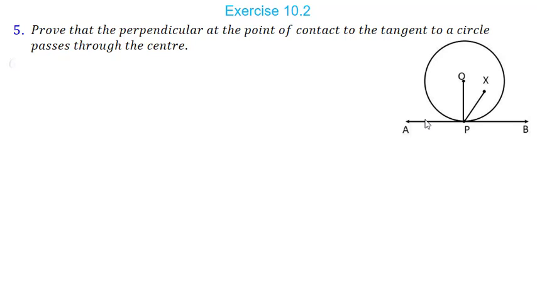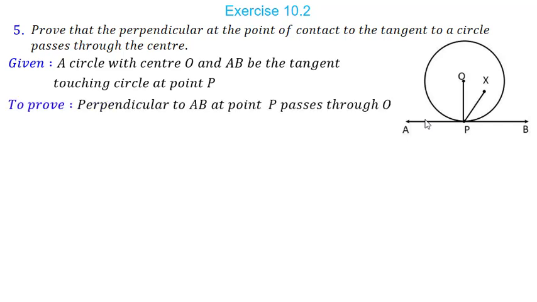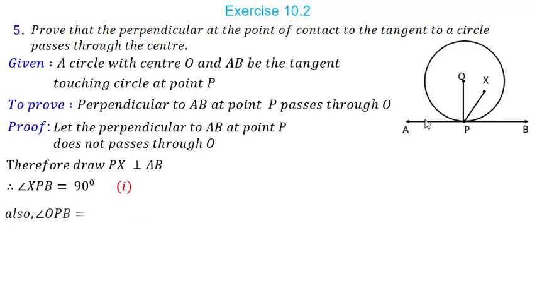So let us start. Given is a circle with center O and AB as a tangent touching the circle at point P. We have to prove that the perpendicular to AB at point P passes through O. So in the proof, we consider that the perpendicular to AB does not pass through point O. So we draw PX perpendicular to AB, and hence angle XPB becomes 90 degrees.